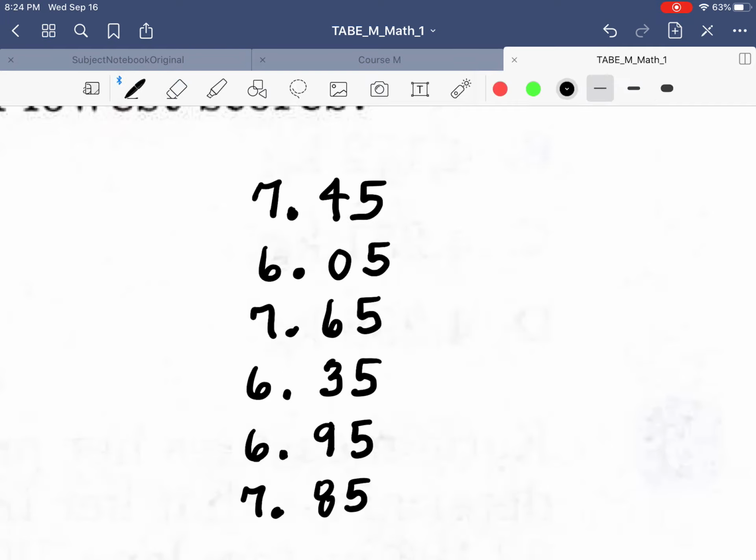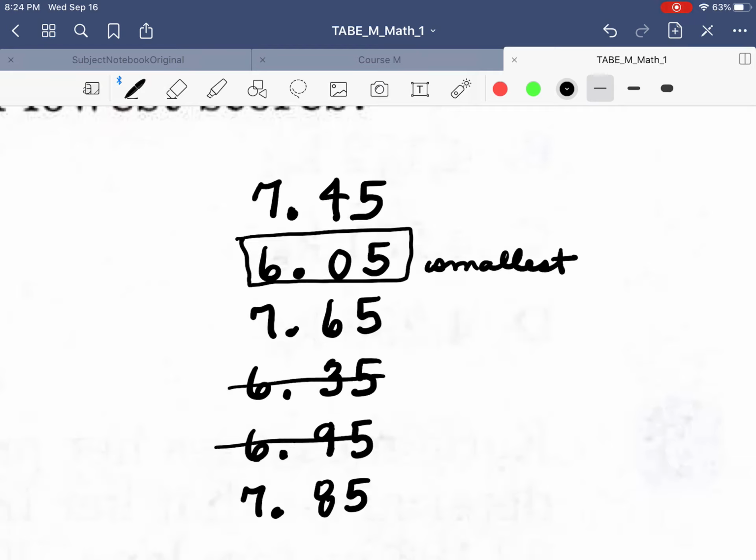Well, it's going to have to be one of the 6's. And I have 605, 635, and 695. The smallest is this one. So this is the smallest score. And I can get rid of the other 6's. We don't need those.